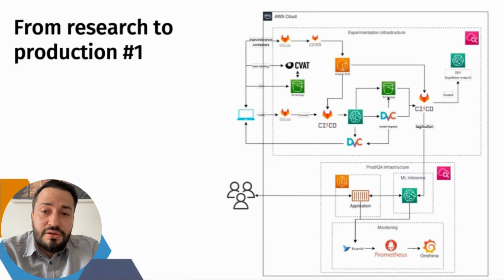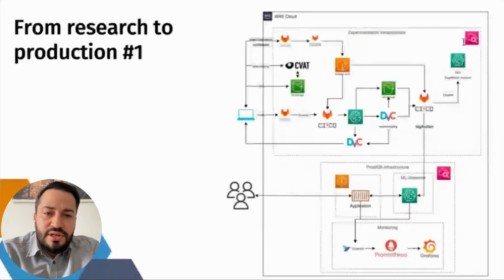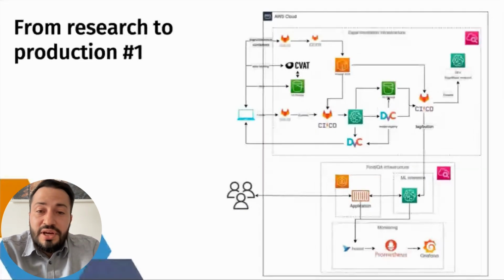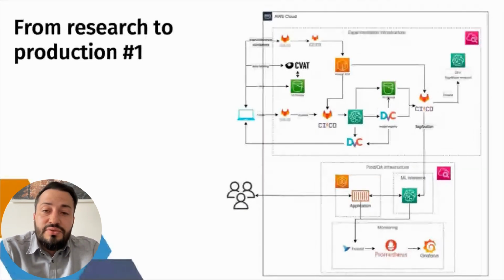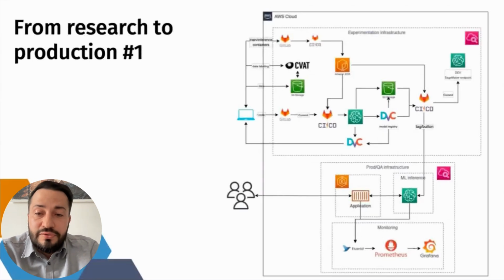So we have two repos in GitLab, one for containers and another for code. We also use CVAT for data labeling, and Amazon ECR for managing containers. We use Amazon SageMaker to train a model, and DVC to control the versions of the models as well.